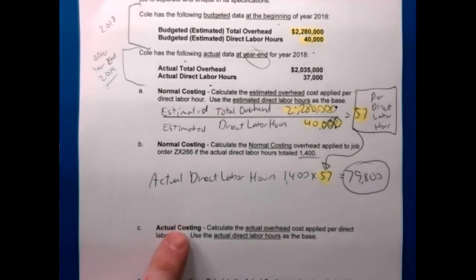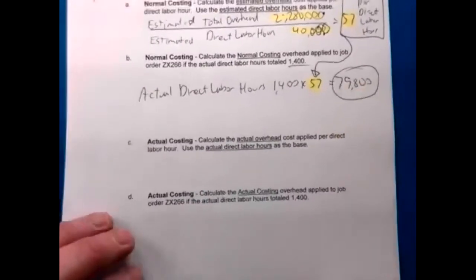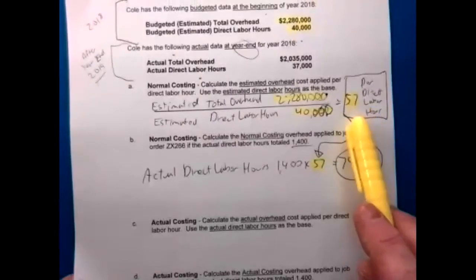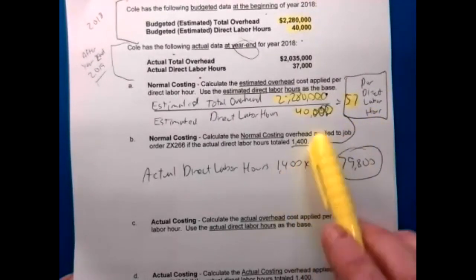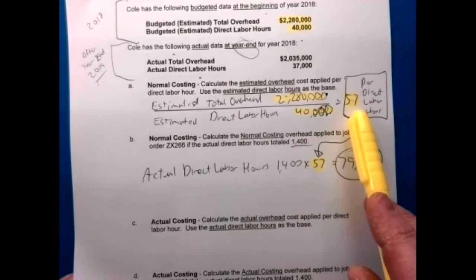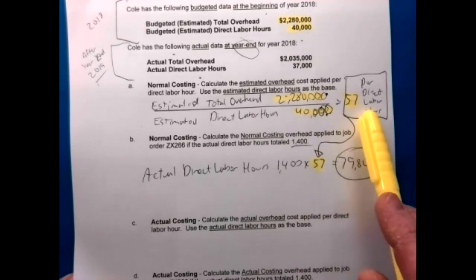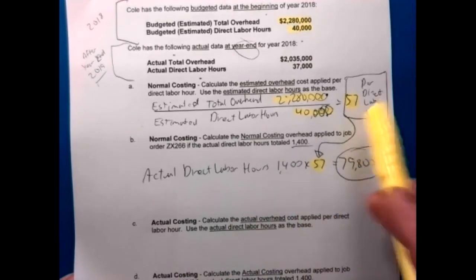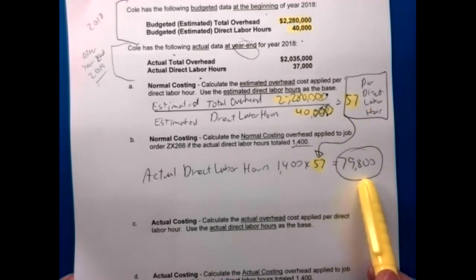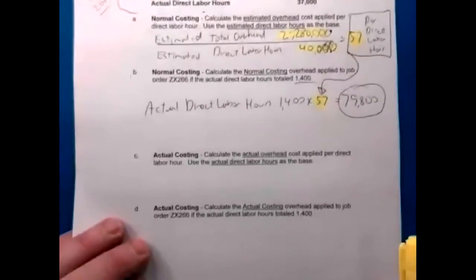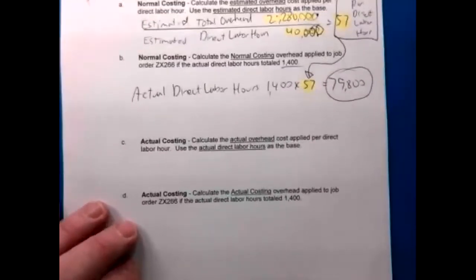So that is what would be applied to this job. If you're a manager, that's what you're going to be held to. And so you look at this and see, as a manager, real quickly, you're going to know, okay, if I'm getting charged $57 an hour for overhead for every direct labor hour, I'm going to try to reduce my direct labor hours. Don't worry about anything else. Try to reduce it because that's just going to hit your budget. It's going to hit your bonus and everything else is going to be based on that.